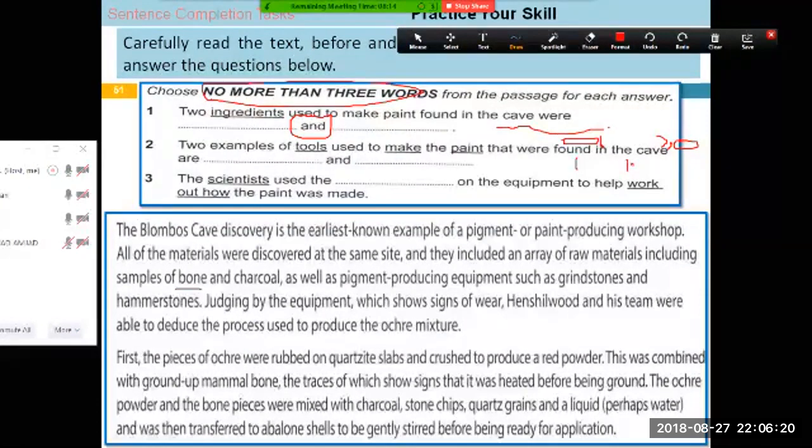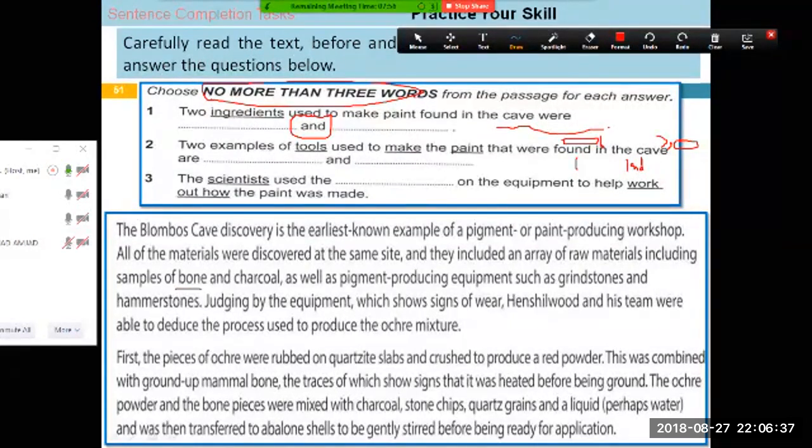And then there was a third example after "and." If you dissect the sentence like this, it will really help you find the answers.